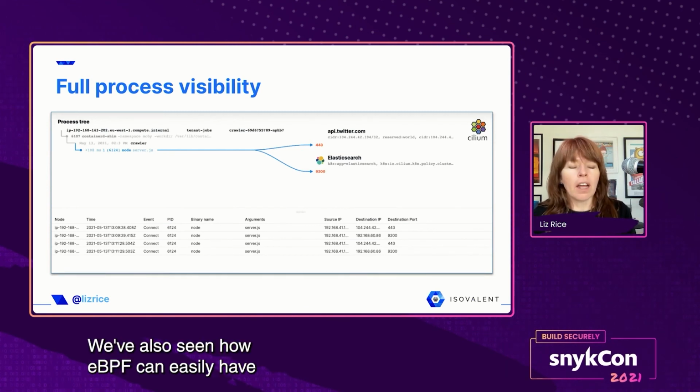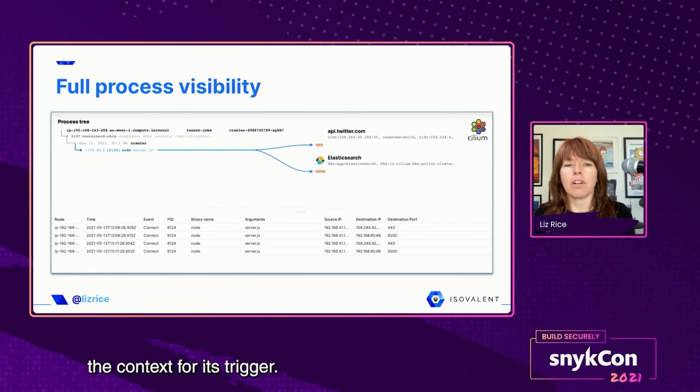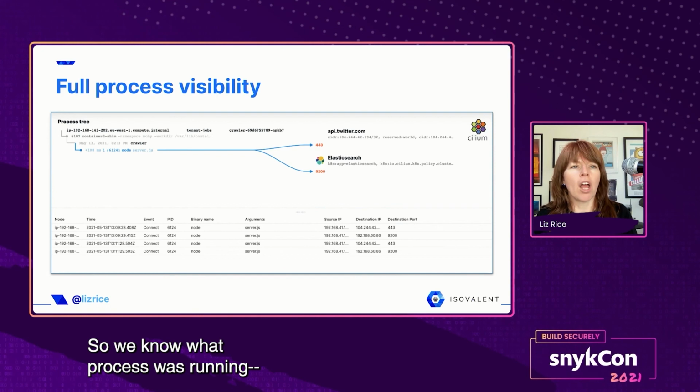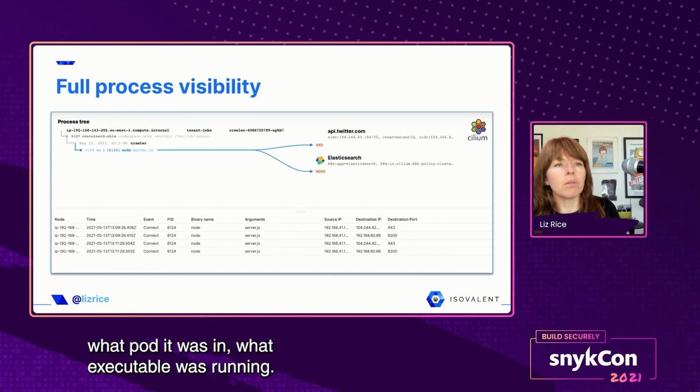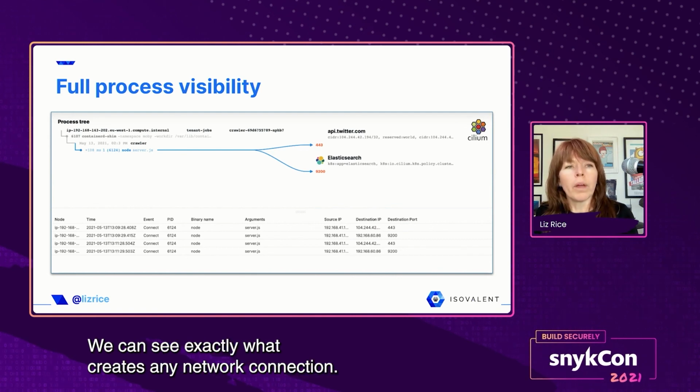We've also seen how eBPF can easily have the context for its trigger. So we know what process was running. If we look at a network connection, we can see what process was running, what pod it was in, what executable was running. We can see exactly what creates any network connection.